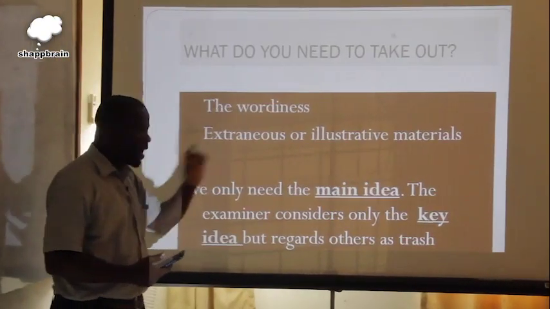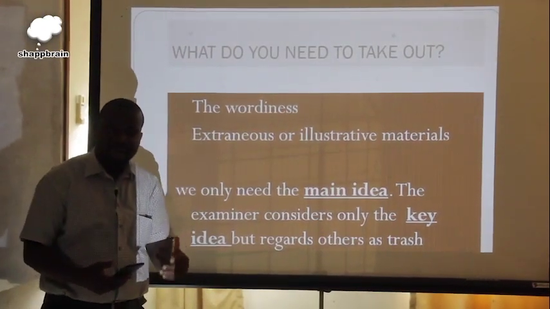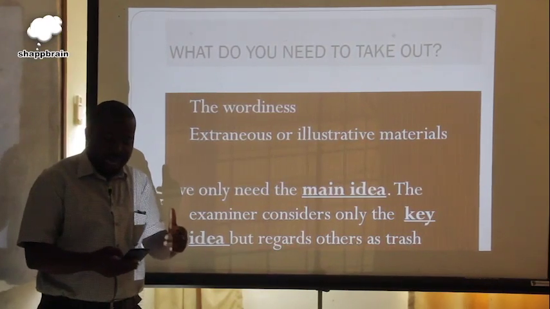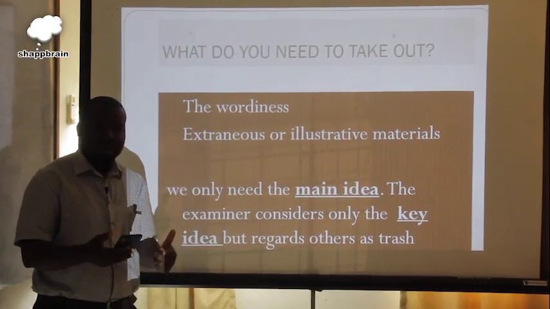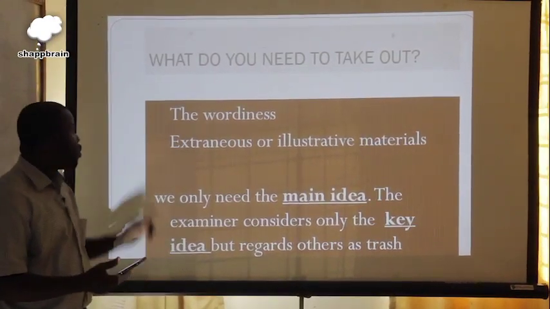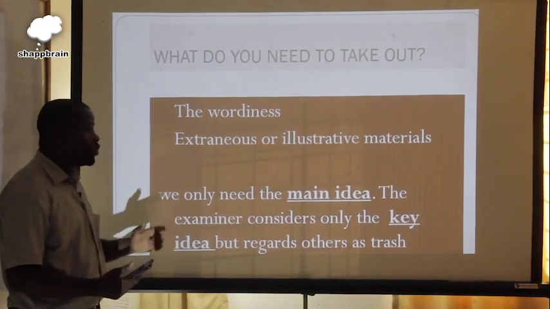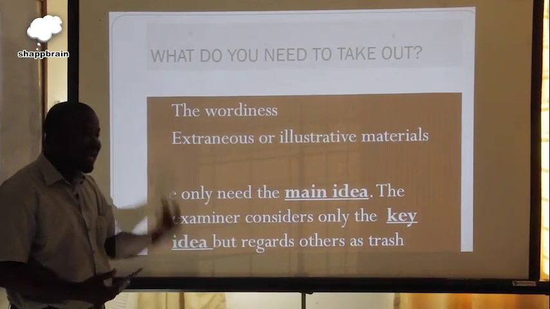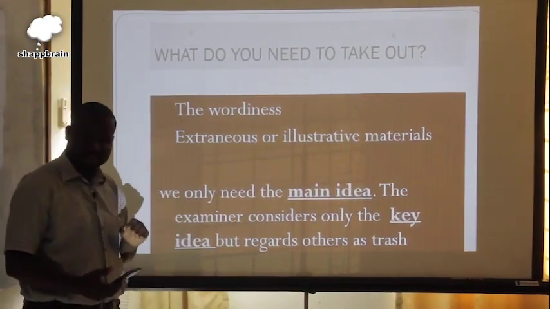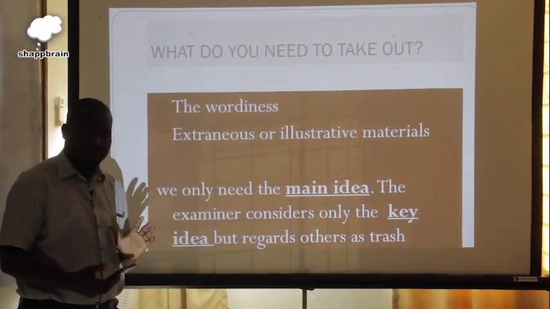What do you need to take out? Once you have been able to identify that a summary passage is made up of key points, irrelevant materials, and wordiness, the question is, what do you need to take out? You need to understand that you must take out the wordiness, because that is not part of your answer.